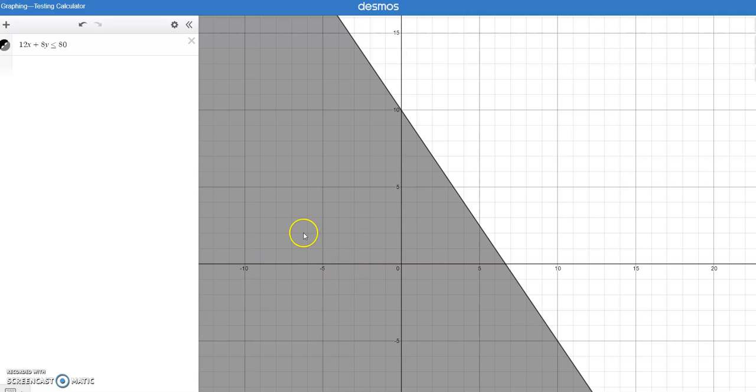Understand that the negative side is not possible here because you cannot play negative times for the games. Also understand that they are just the whole numbers because you cannot play a fractional number of times when we're talking about games. So just all the exact whole numbers within this shaded area and along the line.